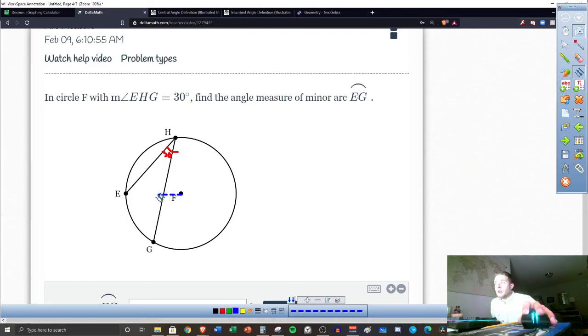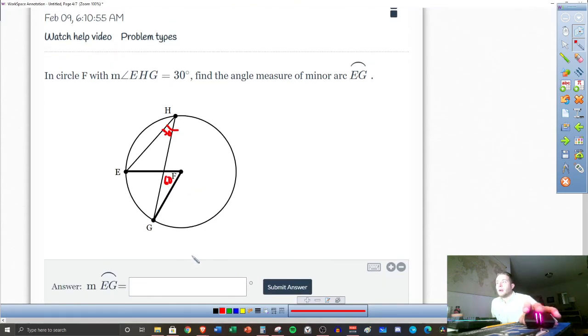But if I draw the lines, let me change that to black. If I draw a line to the point here, we create the central angle. And what do we know about the relationship between the inscribed and the central angle? Well, the inscribed angle is half of the central angle, so this is 60.